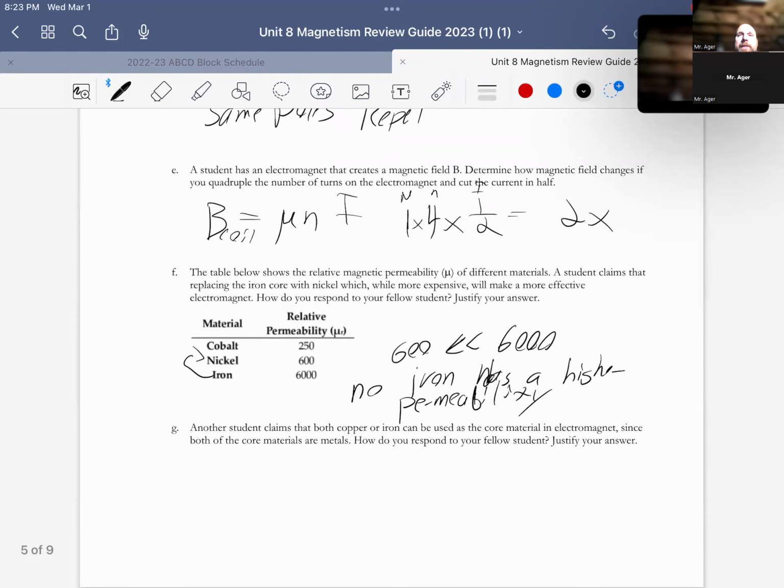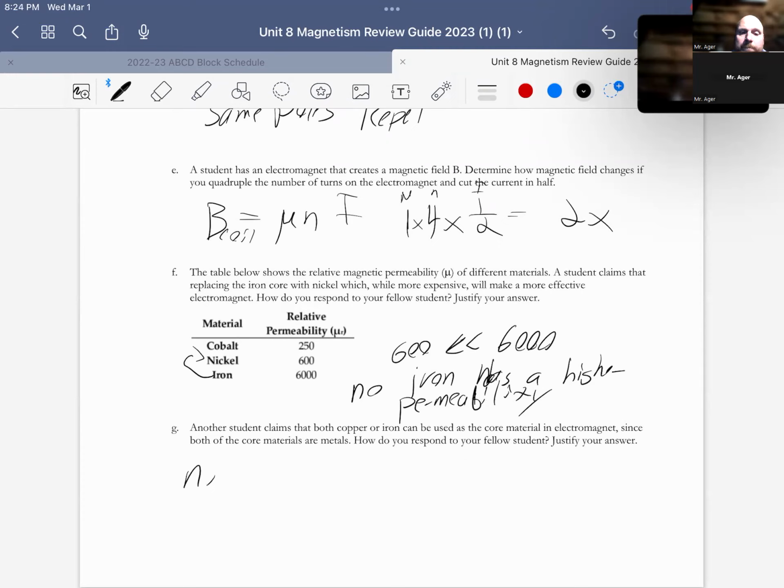All right. And then another student claims that both copper and or iron can be used as the core material in the electromagnet, since both of them are metals. How would you respond to this? Well, again, the number's not there, but we've talked about it, that iron has all those properties that make it a ferromagnetic material.